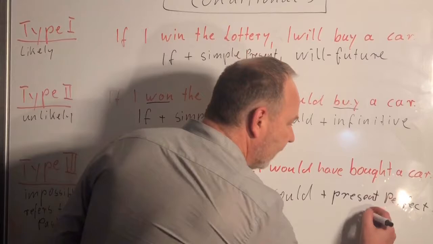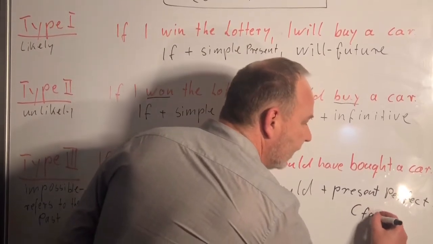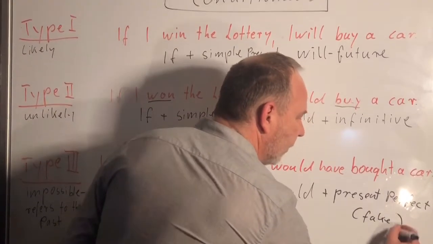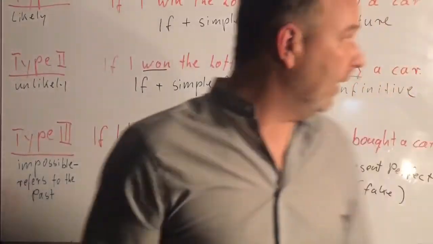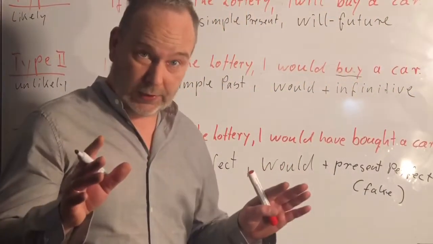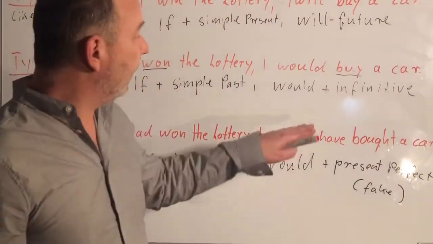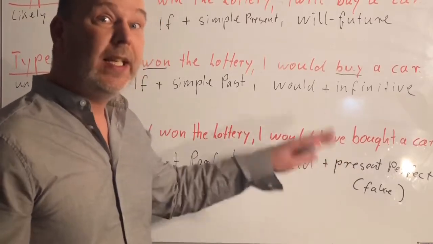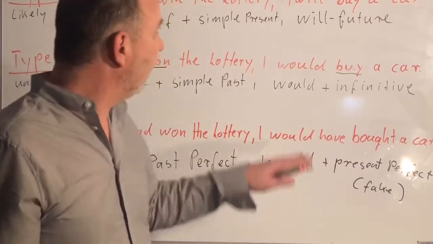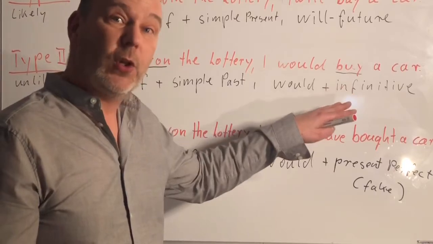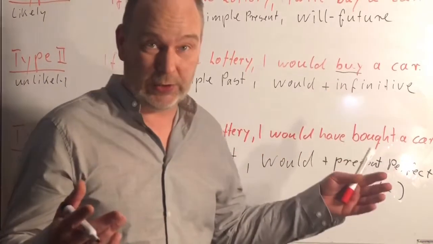Just to be politically correct, I will write it here. It's a fake present perfect. So technically, grammatically correct, this would plus have plus bought would be called conditional 2, and would plus infinitive is called conditional 1, if you need to know it.